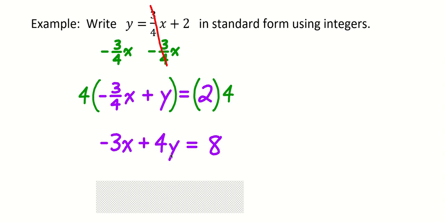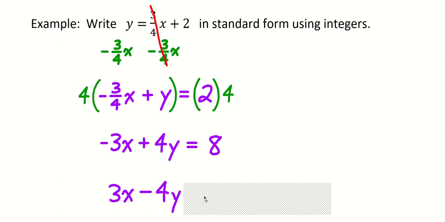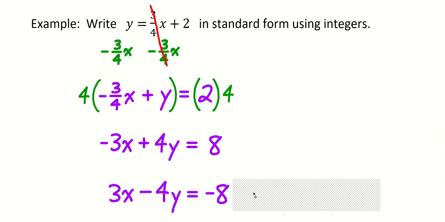So that's actually an easy fix. Think of it as we're multiplying both sides by -1, or we're dividing both sides by -1, which of course, we're allowed to do. That'll make this a positive 3x, but of course it's going to change that to a -4y, and it's also going to change that to a -8.